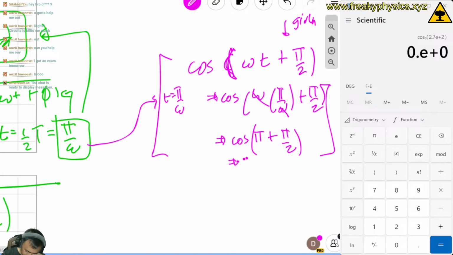Then we multiply by the first two numbers and get 0. Cosine of 3 pi over 2, like I said earlier, is 0. Everything gets to 0, right?